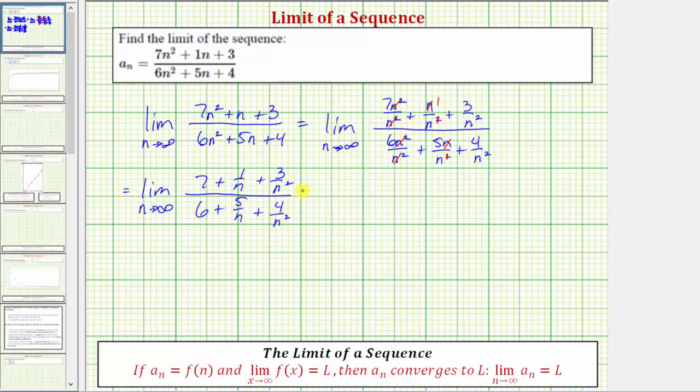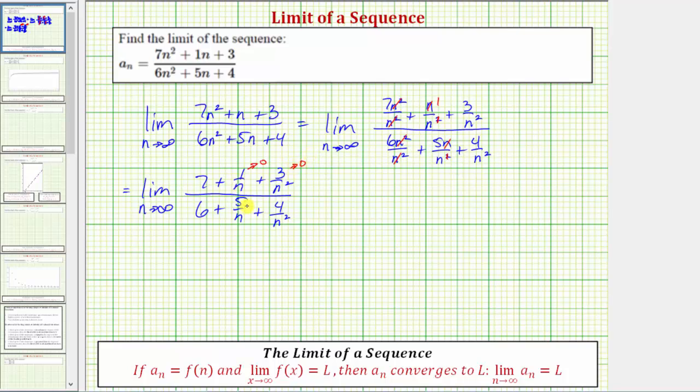And now the idea is we can determine this limit in this form. We'll notice the 7 and the 6 are not affected by n, but these four fractions are all going to approach 0 because the numerators are constants, and the denominators contain either 1 or 2 factors of n, and therefore the denominators are increasing without bound as n approaches infinity. So each of these fractions approaches 0.